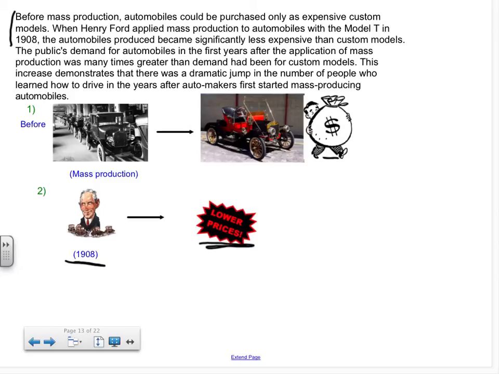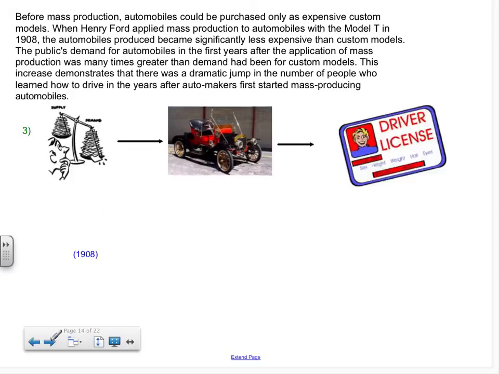So let's take a look at the second part now. The public's demand for automobiles in the first year after the application of mass production was many times greater than the demand had been for previous custom models.